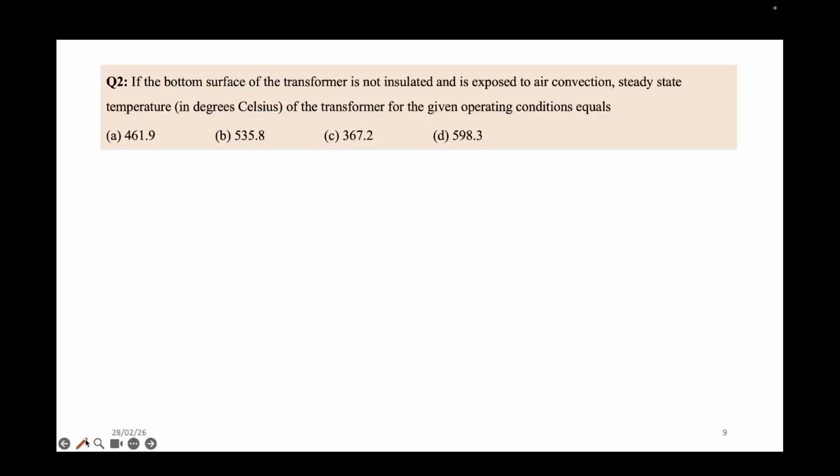So here the only change is that if the surface is not insulated, what will happen? Only the area will change, which will be 6 into a square, and the rest will be the same. P dissipated equal to h A (T minus T infinity).